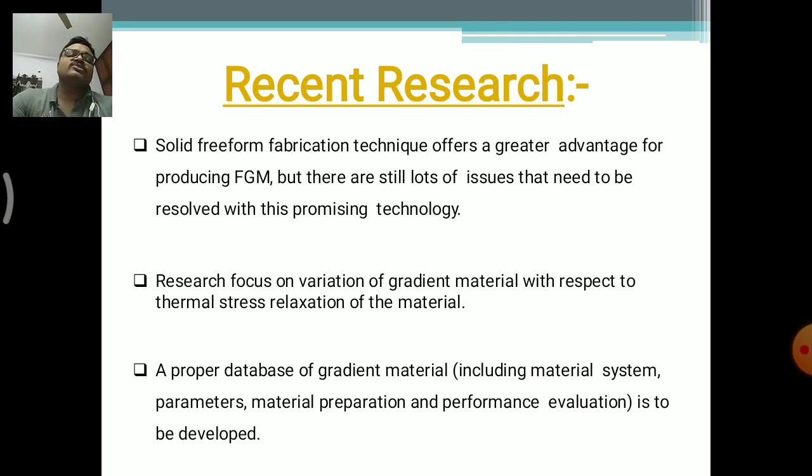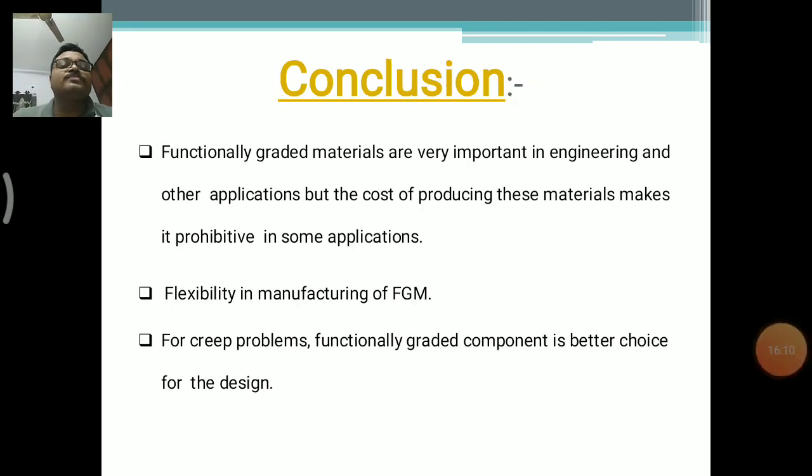For material preparation some good techniques have to be used, and this is an expensive process. Though it is expensive, we have to do it for the database of gradient material. All of these come under the performance evaluation only.